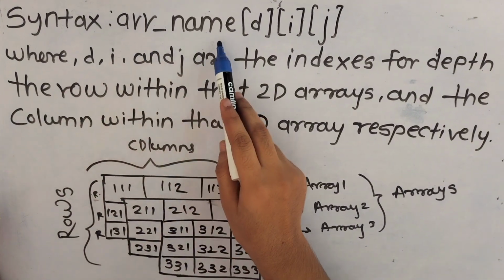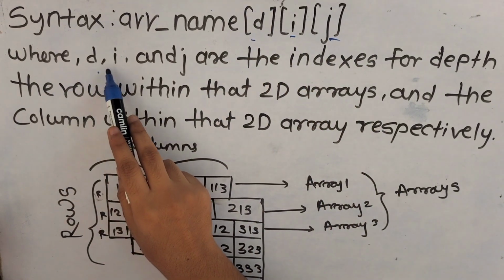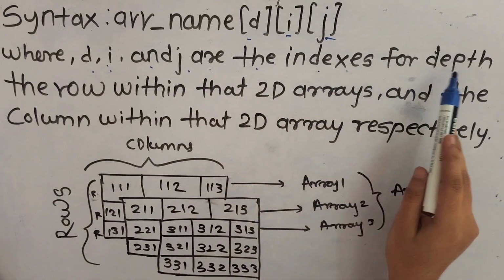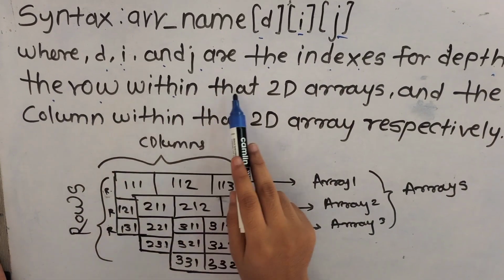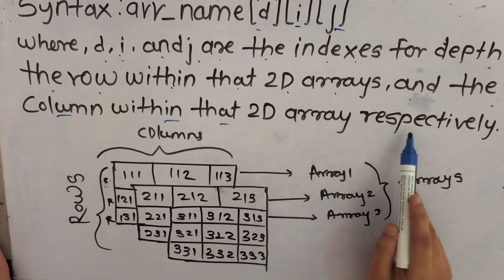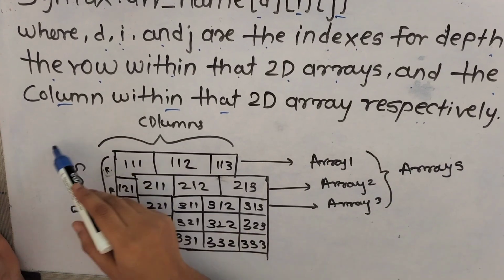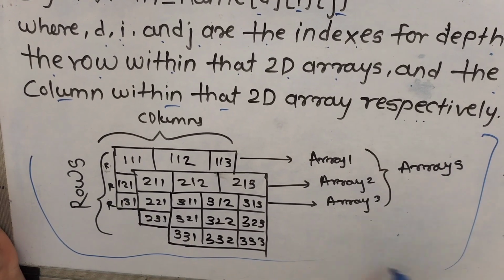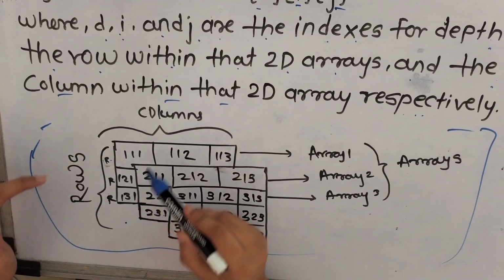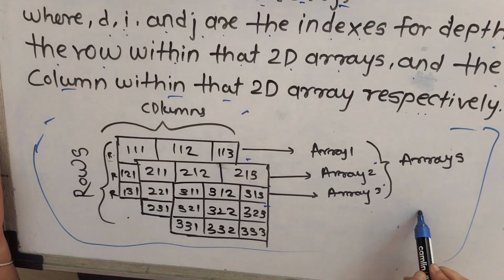Syntax: array name[d][i][j], where d, i and j are the indexes of the depth, the row within the 2D array, and the column within that 2D array respectively. So this is the 3D array diagram. This is the rows, this is the column, this is array 1, array 2 and array 3.